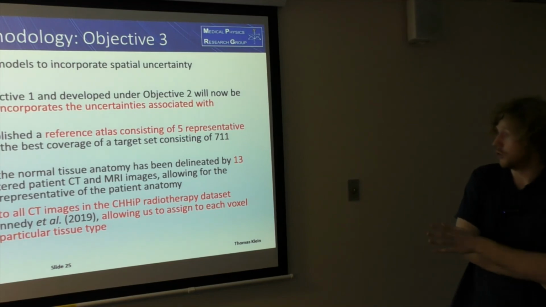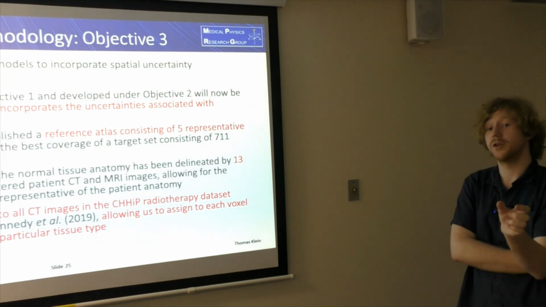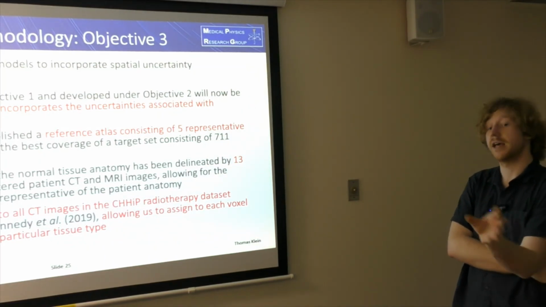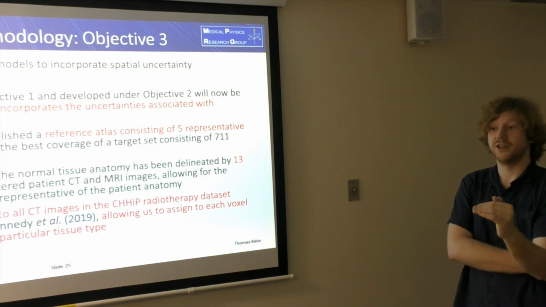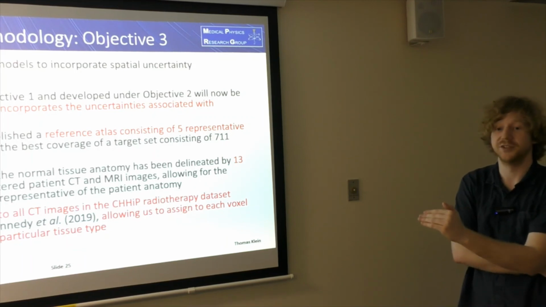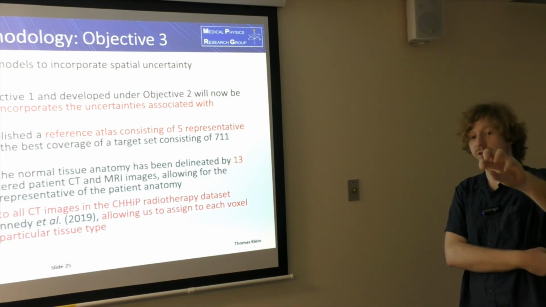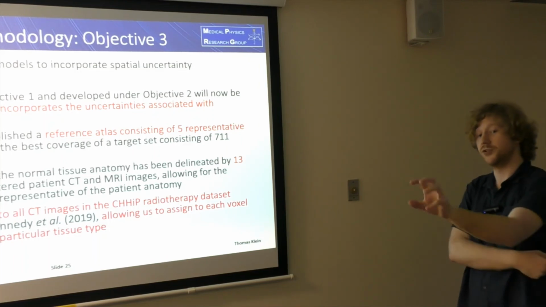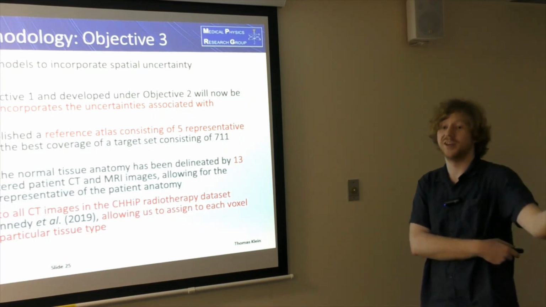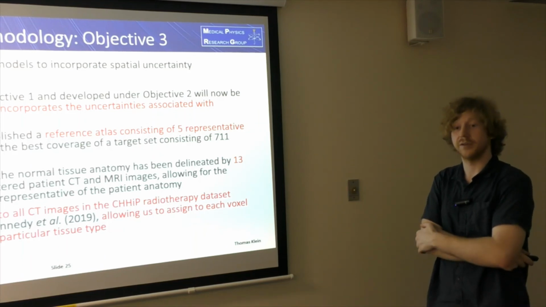No. What Angel had done in her study is she had a set of 39, I think, pelvic CT images with CT scans and MRI data. Then she had a target dataset of 711 patient CT images. She showed that it was possible to take an atlas from the 39 patients which was able to describe the unseen dataset of 711 patients, so we could delineate on the MRI images and propagate those to the pelvic dataset.